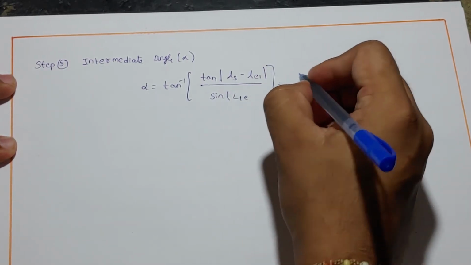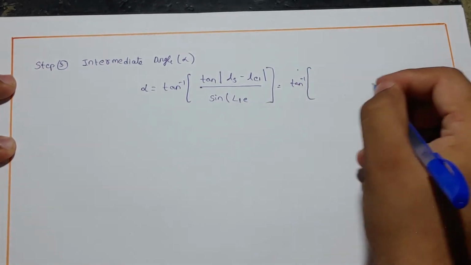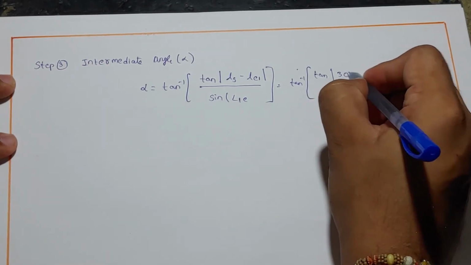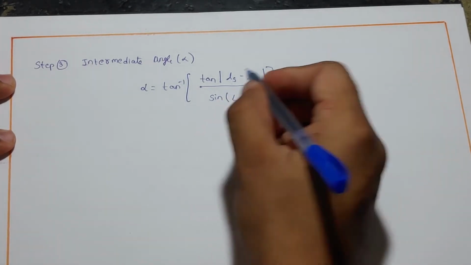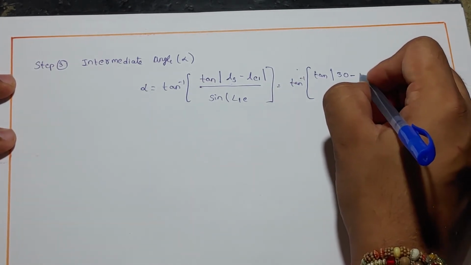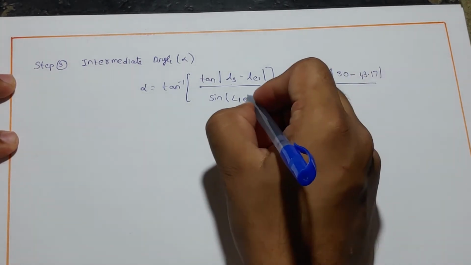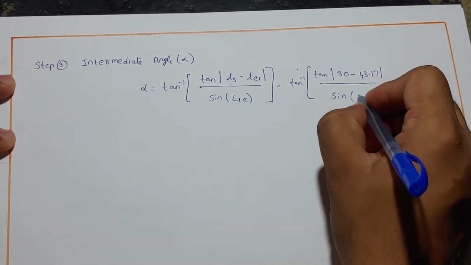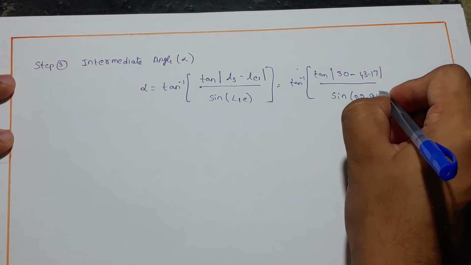That is tan inverse of tan of 30 degrees, the longitude of the satellite, minus 43.17, the longitude of earth station, divided by sine of 22.91 degrees, the latitude of the earth station.